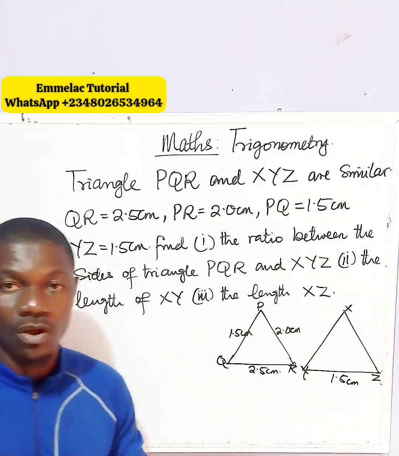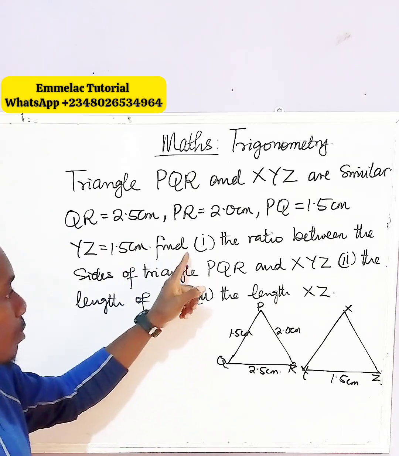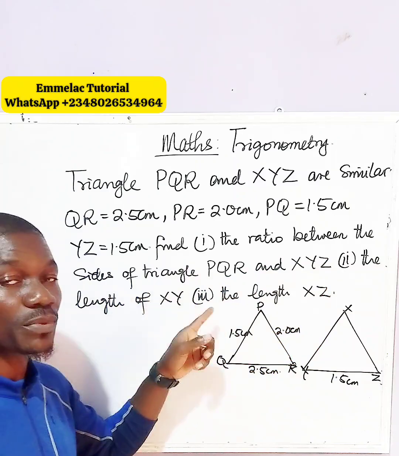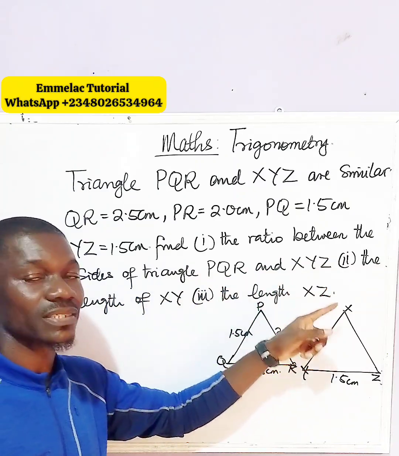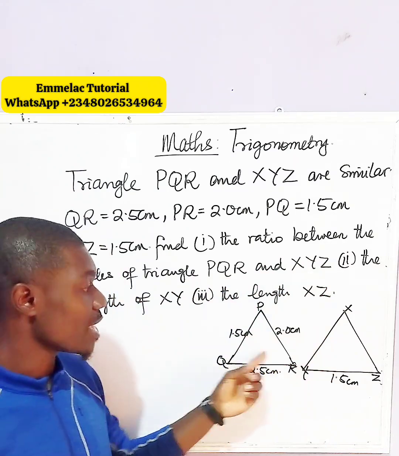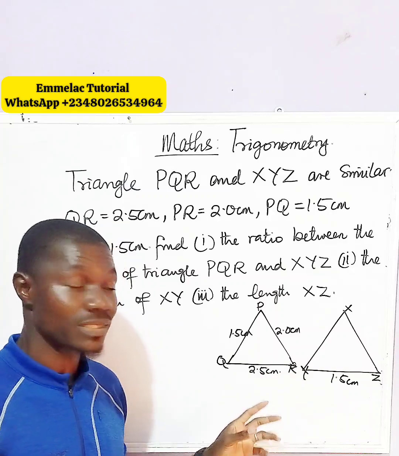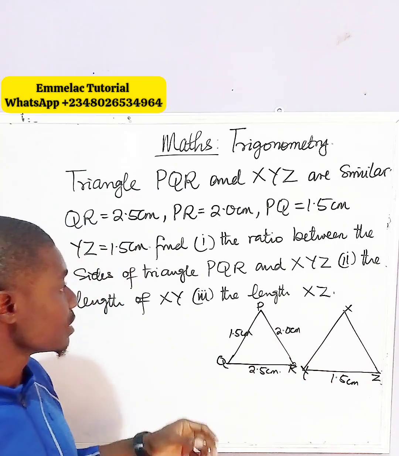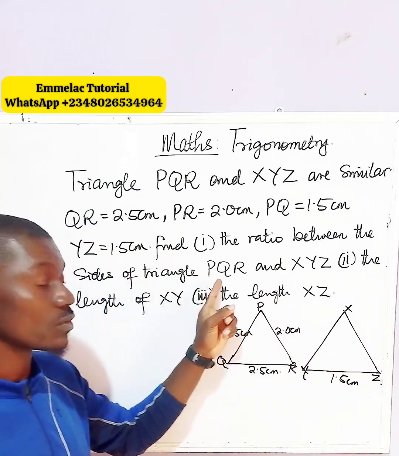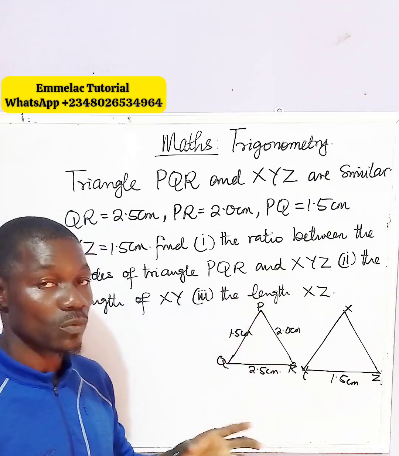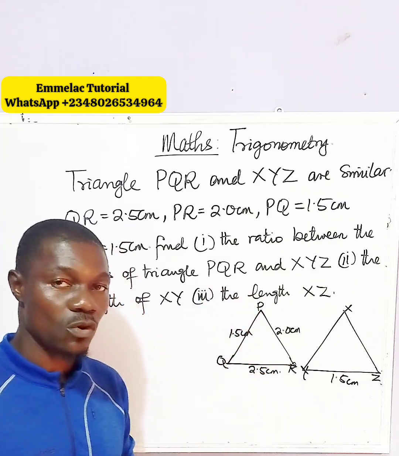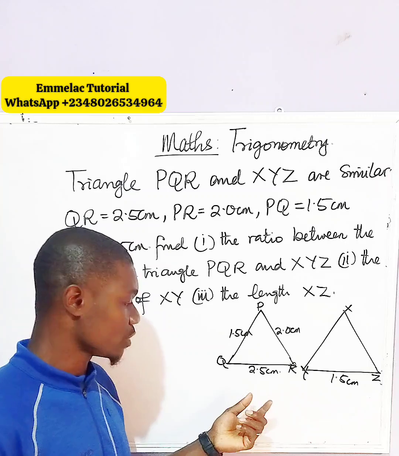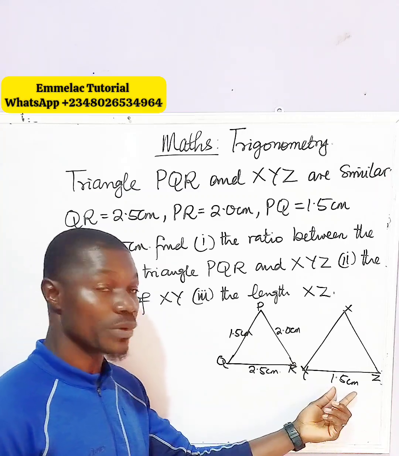Now we're going to find number 1, the ratio between the size of the triangle PQR and XYZ. Since they are similar, it implies they are corresponding. Now, how do we find the sizes of the triangles? We need to take the known sides of the two triangles. So we know here and we know here.